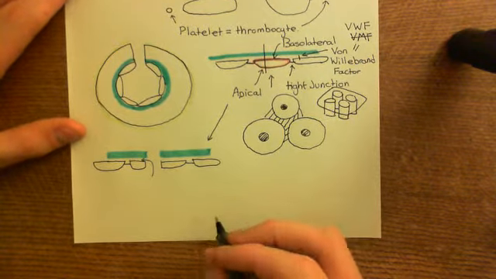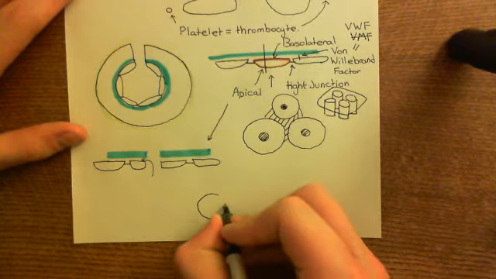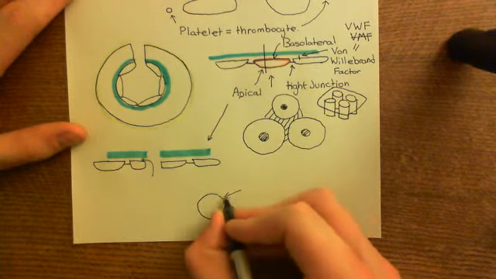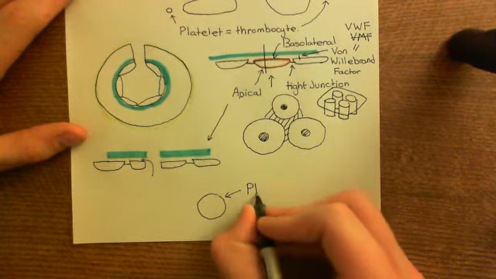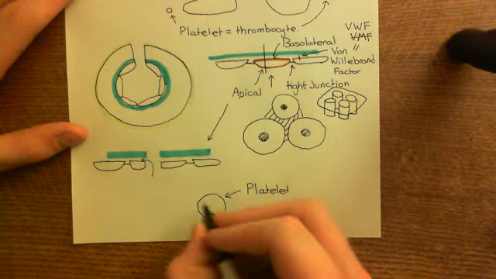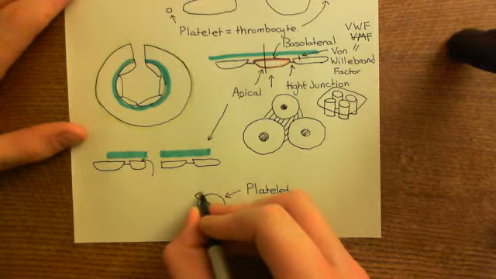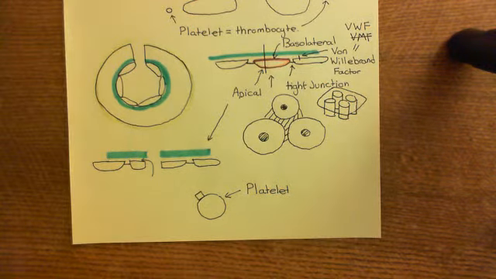Okay, so let's show this. So if we have our platelet here, this little blob here represents our platelet, and then we'll have some protein on the surface of this platelet. So let's have a protein here on the surface of our platelet, drawn quite small, but never mind.